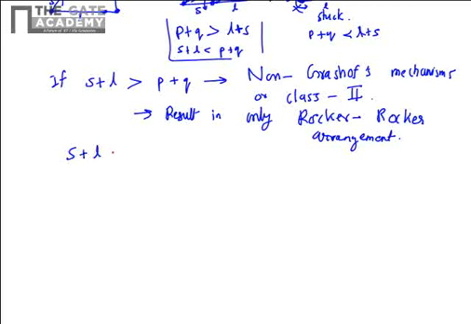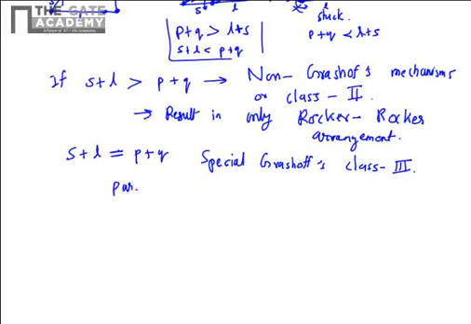There is again a third special category where the sum of the shortest and the longest link is just equal to the sum of the lengths of the other two links. These are called special Grashof mechanisms or class 3 mechanisms. These kinds of mechanisms result in parallelogram connections.